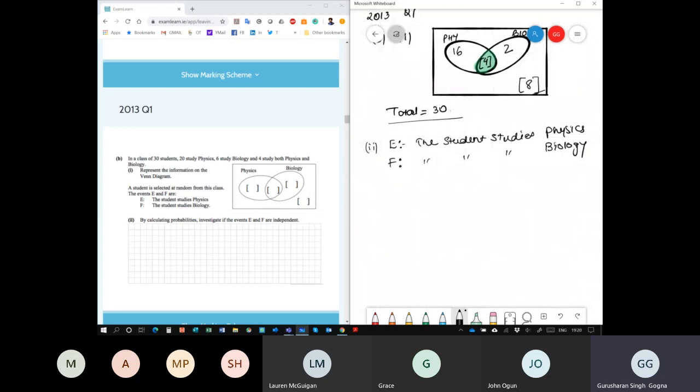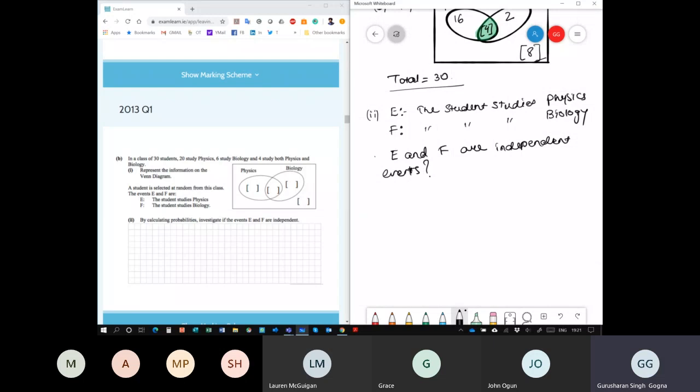If the student selected studies physics, then we say event E is occurring. And if they pick a student who studies biology, then we say event F is occurring. You need to find out whether E and F are independent events or not. So how will you prove that?